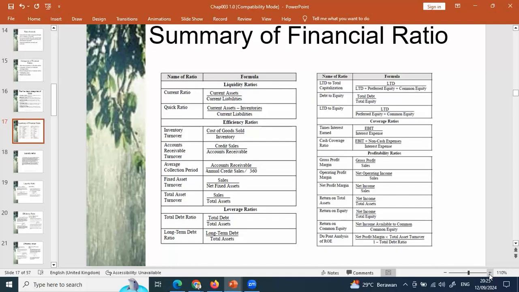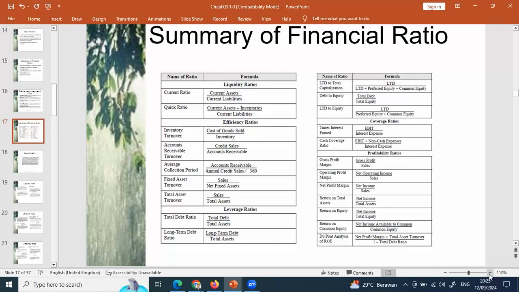Current ratio is current asset divided by current liability. Current assets are cash, account receivable, and inventory, divided by current liabilities, the account payable and short-term notes payable.